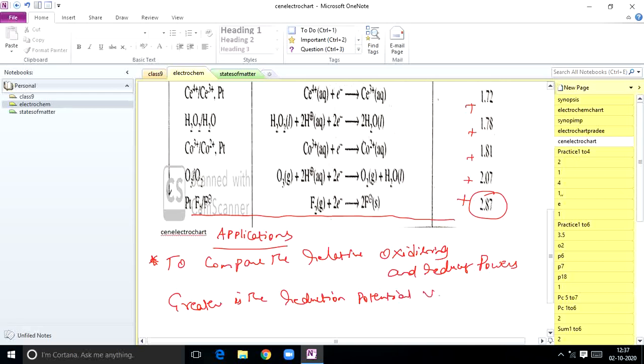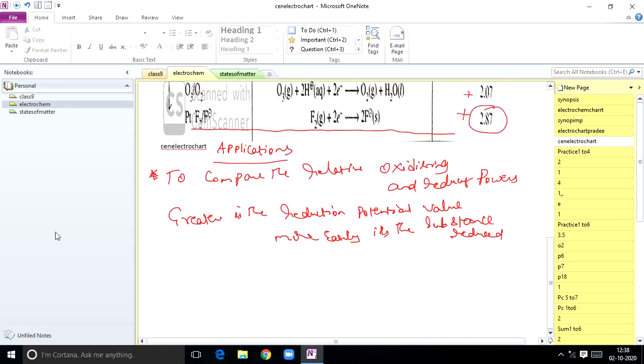Greater the reduction potential value, more easily, very, very important point, is the substance reduced. So that much easily the substance will undergo reduction.